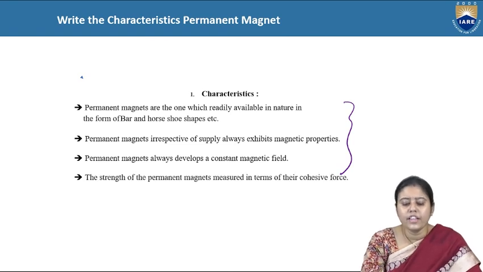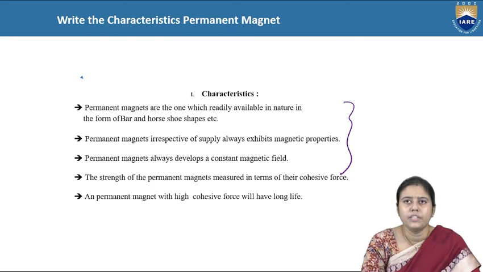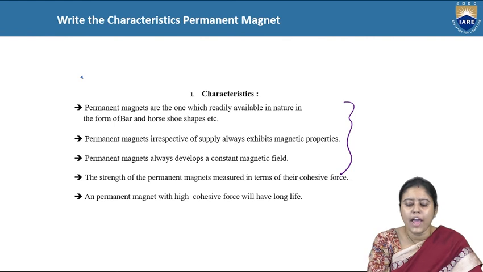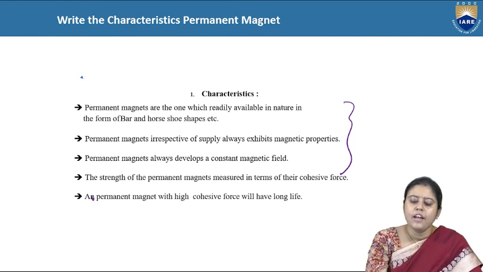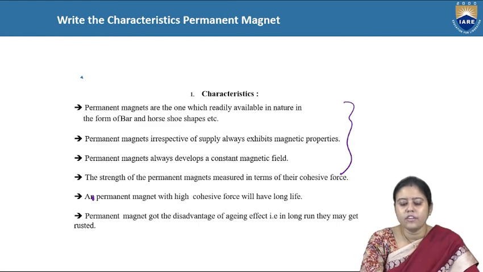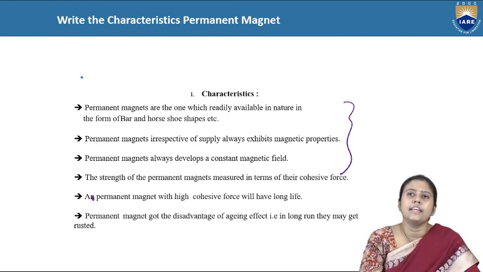Again, the strength of a permanent magnet is measured in terms of the coercive force, the amount of force at which it will attract something. A permanent magnet with high coercive force has a long life. A permanent magnet has the disadvantage of the aging effect.